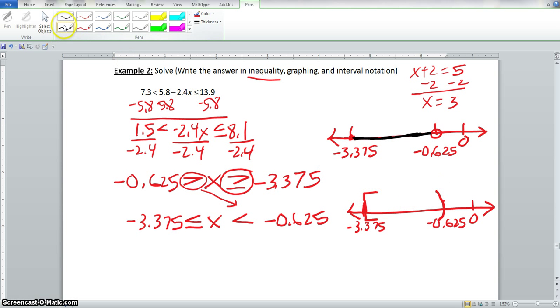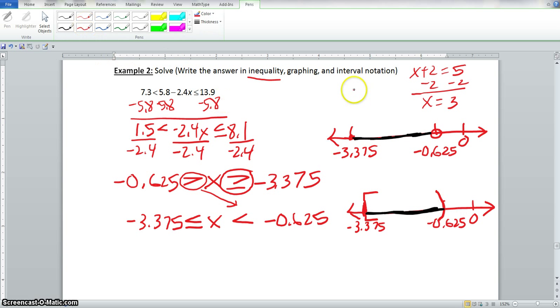And then just like in the other problem, we will connect them. Now this is the way how you graph. You either graph using the closed circle, open circle, or the bracket and parenthesis.